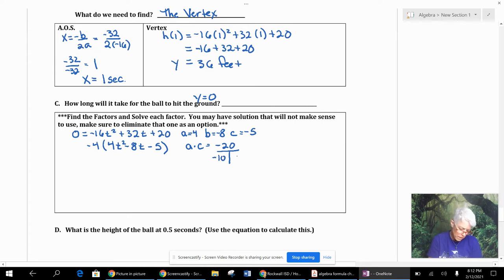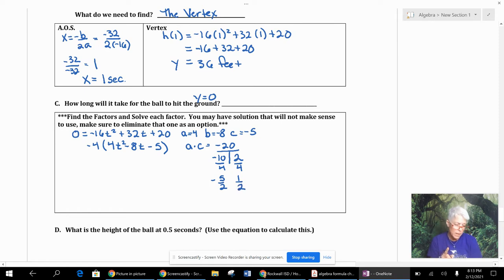So I think of a -10 and a +2. All right. Now, here's where a lot of people make a mistake. A is not 1. A is 4. So I'm going to put a 4 underneath both of these. And this becomes -5/2. And this becomes 1/2.